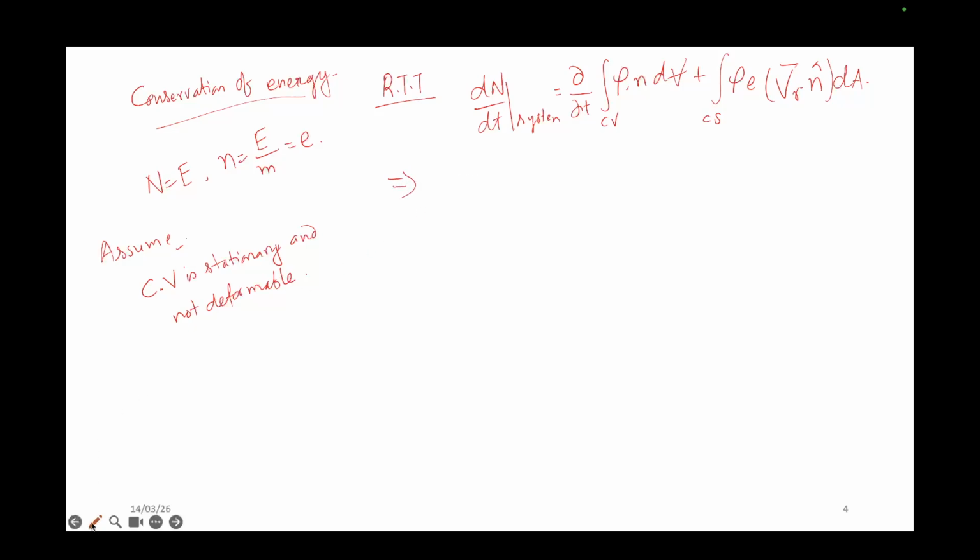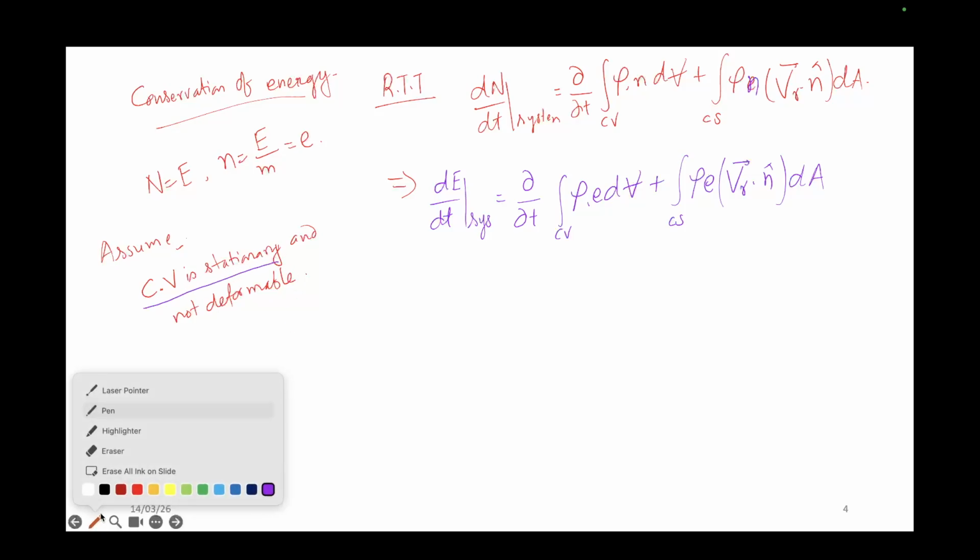So from this equation, I can write dE/dt of the system as the control volume integral of rho e plus the control surface integral of rho e Vr dot n dA. One thing, please remember: Vr is the relative velocity. As we have considered this control volume stationary, the relative velocity and the original velocity should be the same. So we can also represent it as V, and it is not necessary to write Vr.